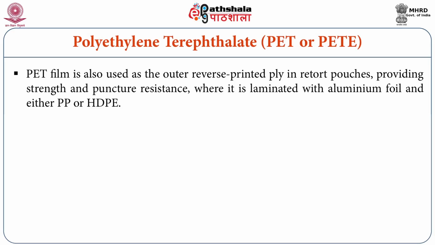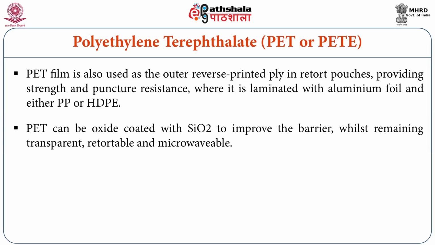PET film is also used as outer reverse printed ply in retort pouches, providing strength and puncture resistance, where it is laminated to aluminum foil and either PP or HDPE. PET can be coated with silica to improve the barrier while remaining transparent, retortable and microwavable.